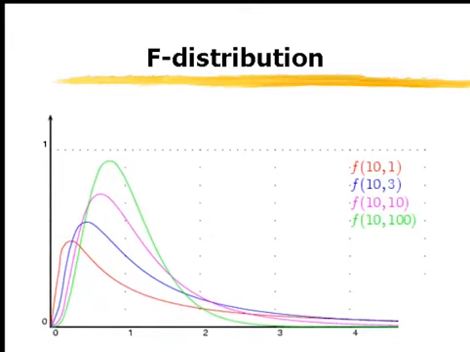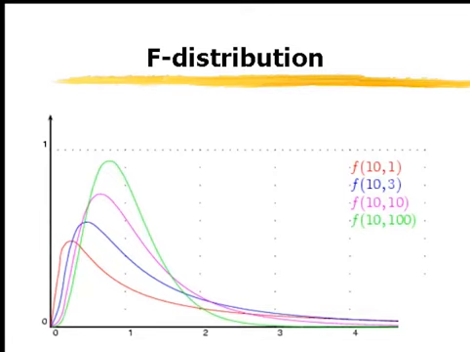which is closer to the 0 point on the left hand side, and the green line with an F of 10 and a denominator of 100, so we don't have 100 here, so let's look at 120, which is right above the infinity sign on page 367 in the far left hand column of the text. And you'll see at 10 versus 120, the 5% alpha error critical value is 1.91.